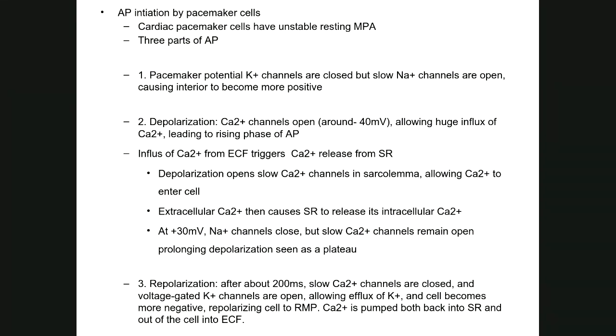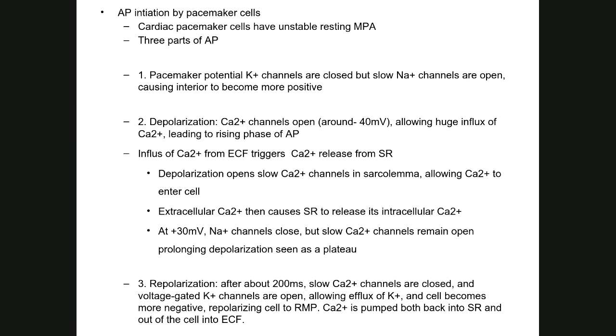All right. So how does depolarization happen? By a huge influx of sodium into the intracellular space. This will cause depolarization.